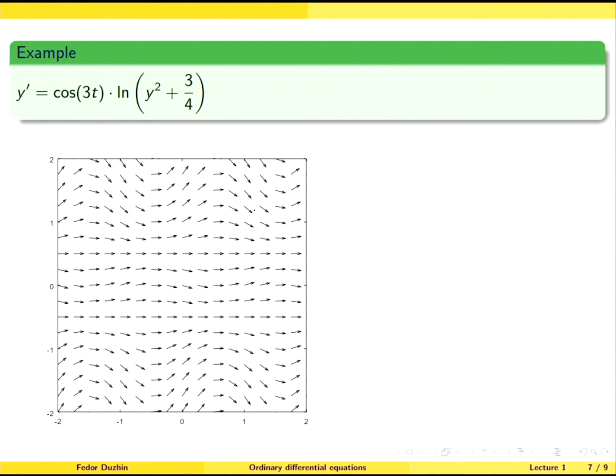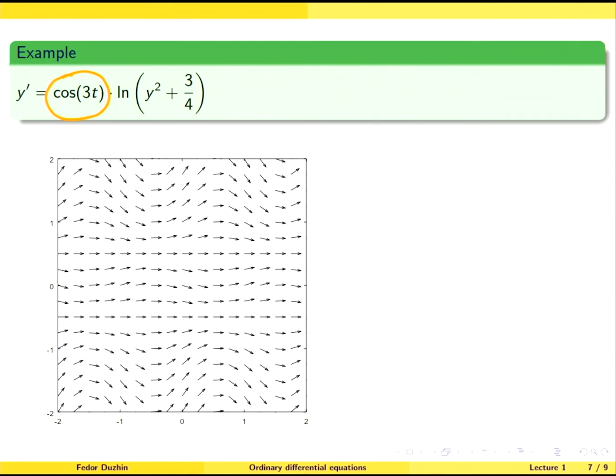Well, let's look at this equation. Now this is still the product of two components, but notice that this cosine of 3t does not have a constant sign. So it's not positive anymore. It may be positive, maybe negative, depending on t. Imagine we have a solution of this differential equation whose behavior is determined by the function ln of y squared plus 3/4.